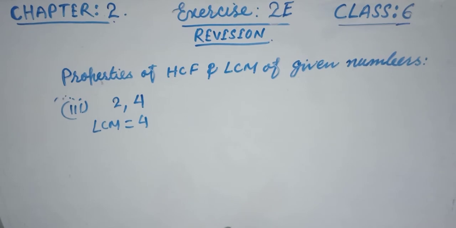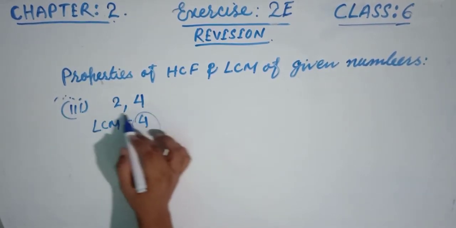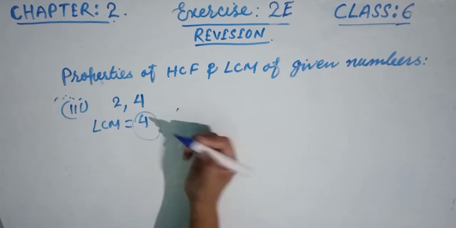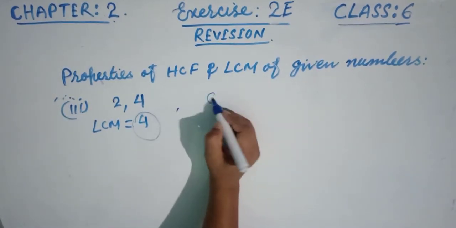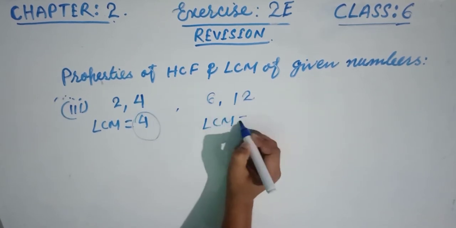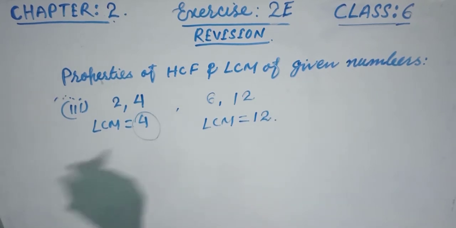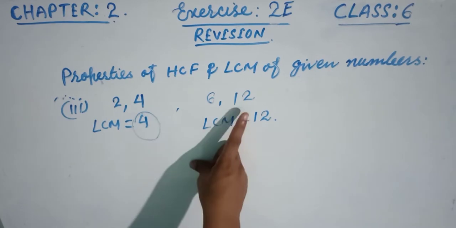Find the LCM and check: this 4 is not less than any one of the given numbers. Another example, friends, 6 and 12. The LCM of 6 and 12 is 12. Now see, friends, this LCM is not less than any one of the given numbers.